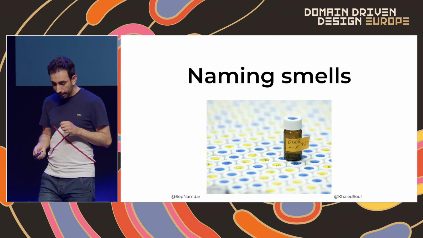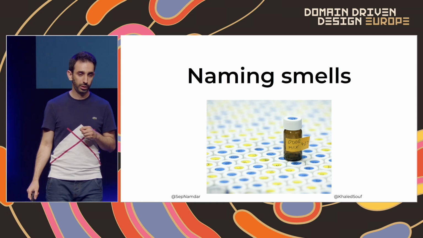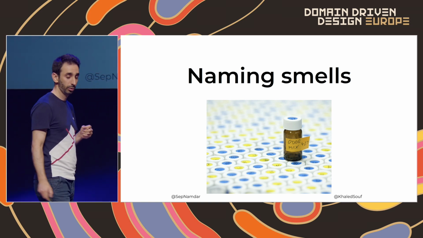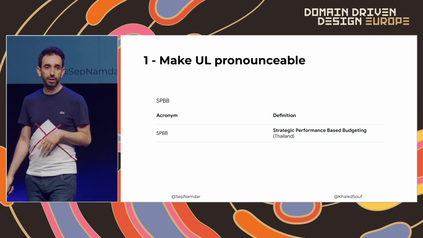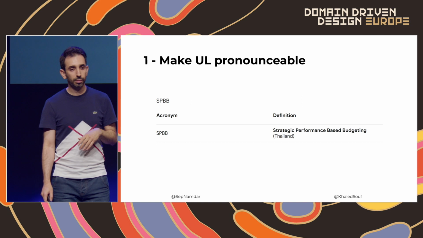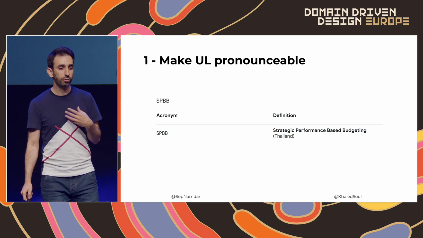So let's see some bad practices about naming. We name that naming smells. In some books like Clean Code, we are supposed to not use acronyms.